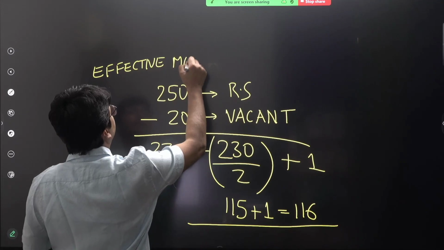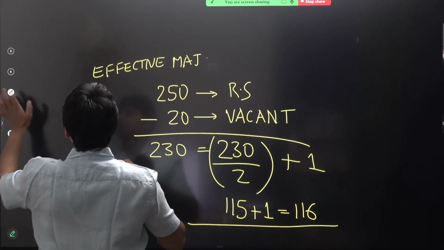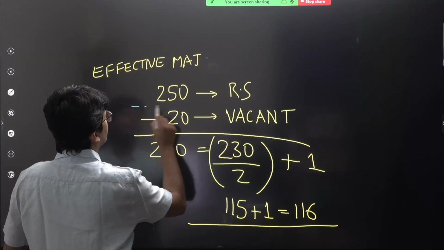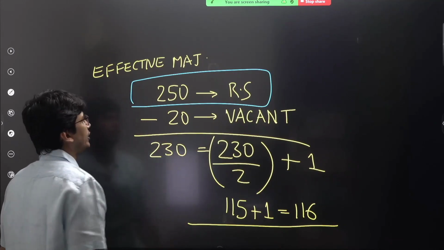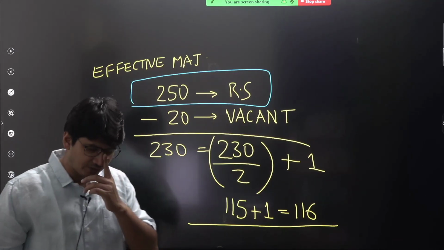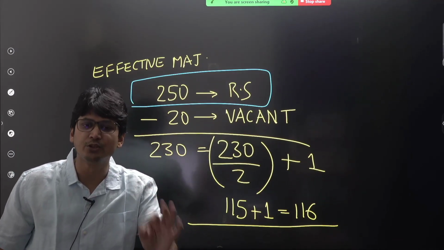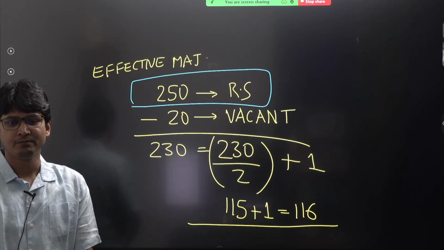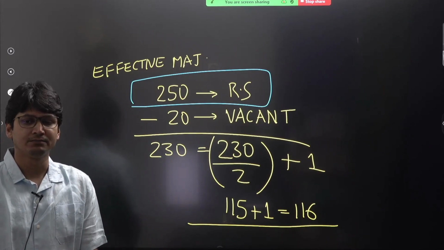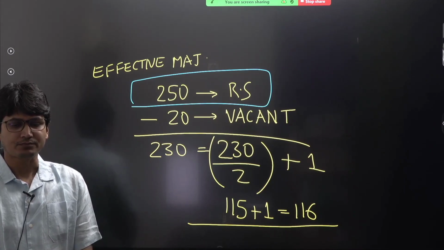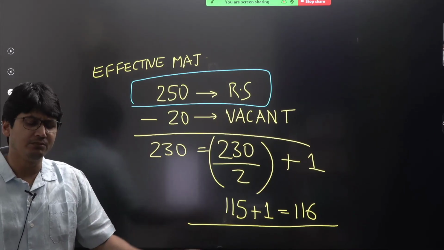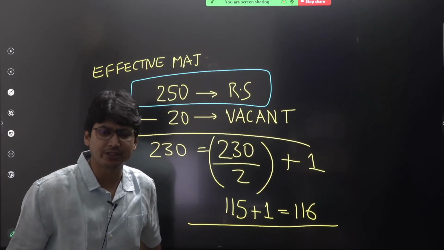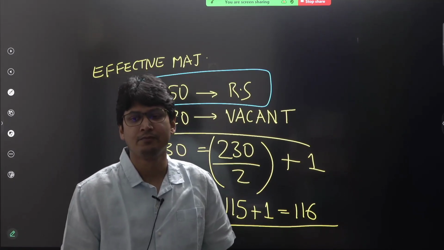Please quickly calculate absolute majority for this number. Tell me the absolute majority if Rajya Sabha has 250 members, what would be the absolute majority for Rajya Sabha? Quickly. This is pure CSAT, nothing else. And I'll tell you why I'm discussing this. This year only a question has been asked in your prelims.